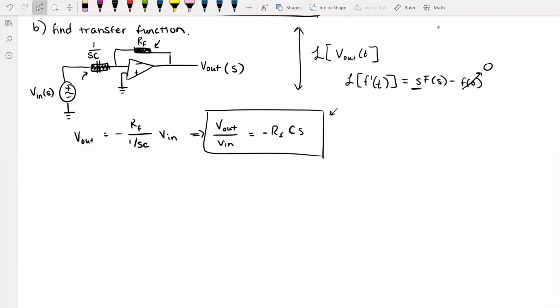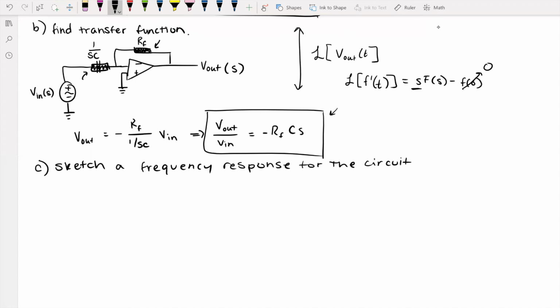Okay, now for the final part of our problem, where we sketch the frequency response for the circuit. Note how it says sketch. We don't have log paper, so we're not really going to worry about that.